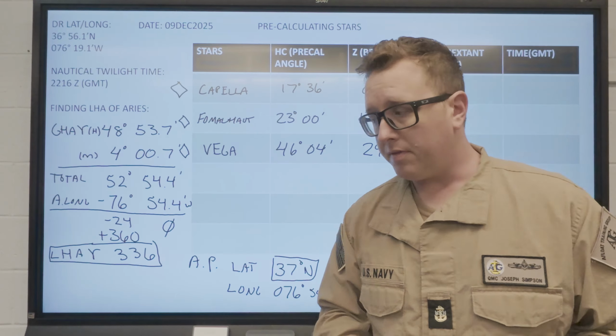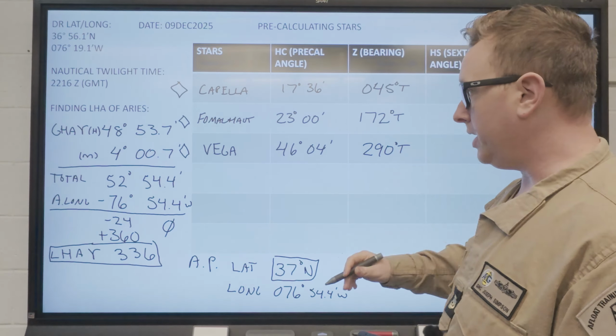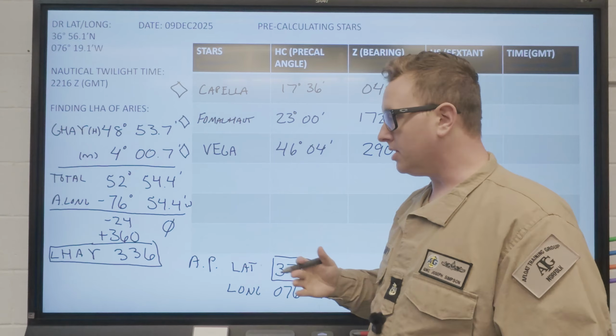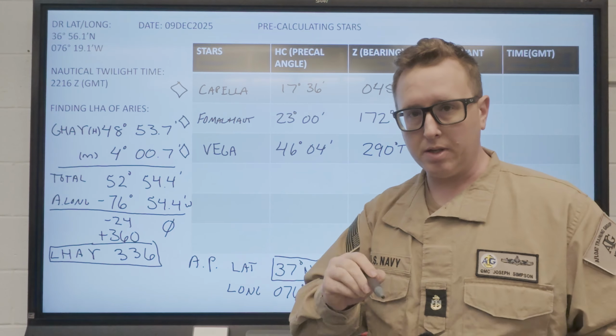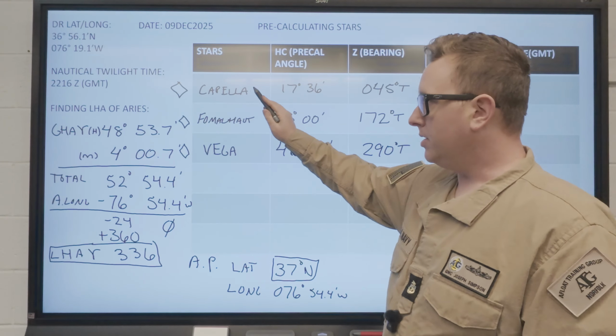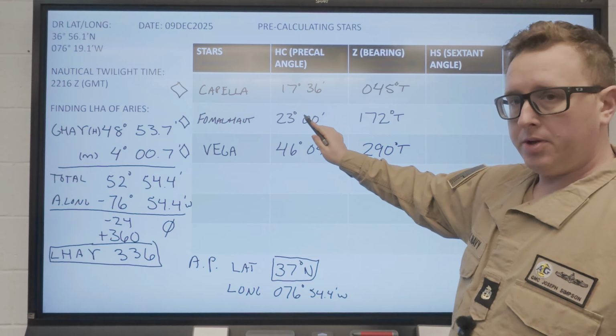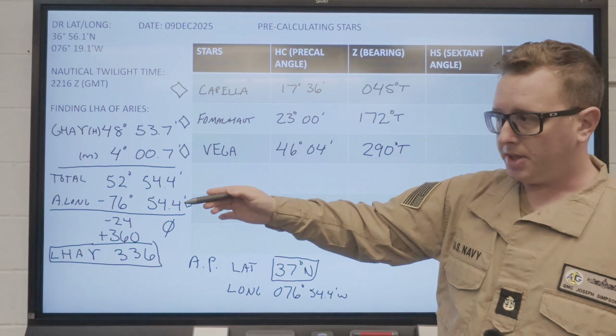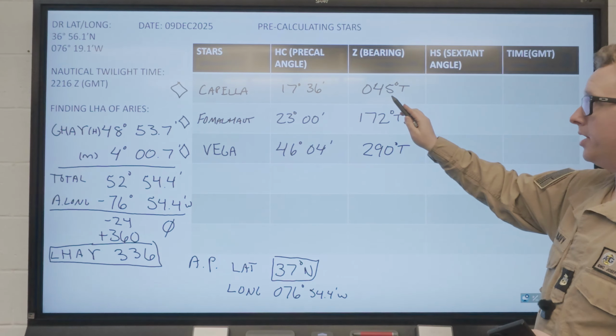Now, this little table is not readily available. I made this myself. I like to be organized. Either I'll print it out like this, or I'll just get a piece of computer paper and make a little table. That way I have the stars I want, its computed altitude based off the publication, its bearing.